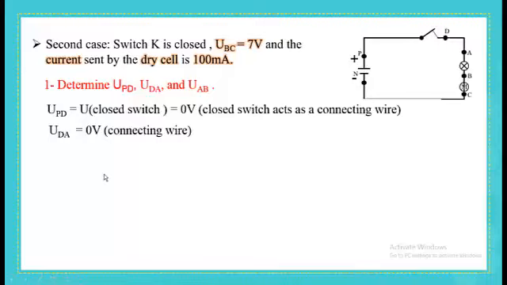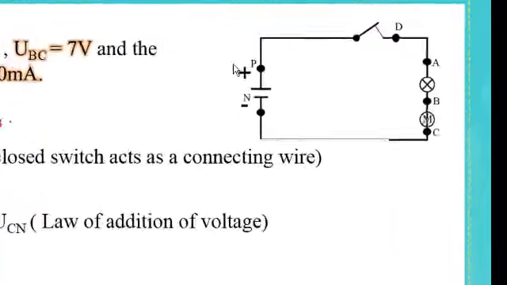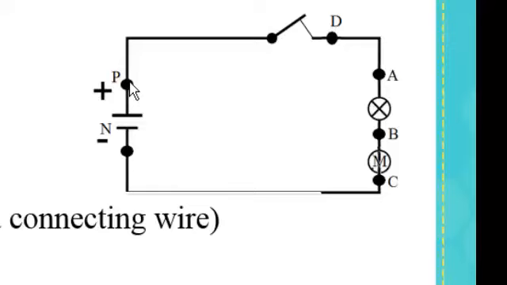Because of that, UPN is equal to UPD plus UDA plus UAB plus UBC and finally plus UCN.